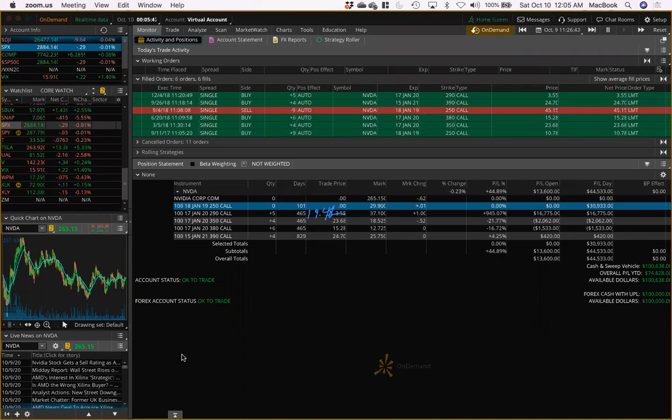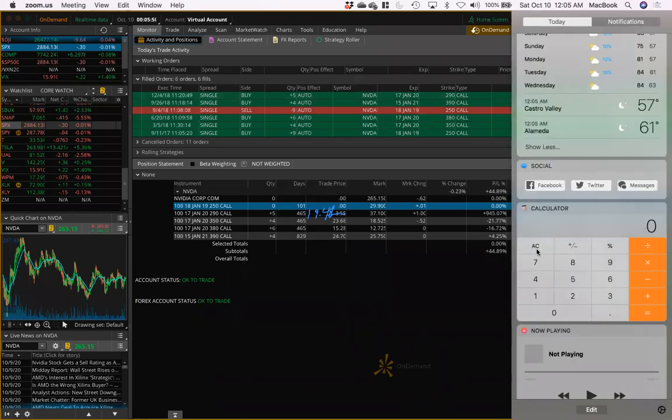With that being said, let's do that. 37.1 minus 19.48, we're up 17.67, so we divide by 19.48.